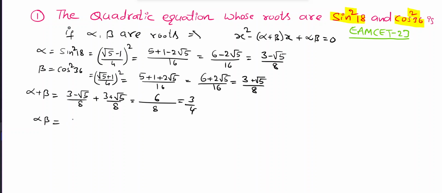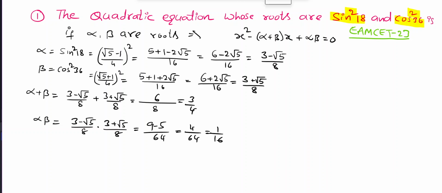Alpha beta is equal to (3 minus root 5) by 8 into (3 plus root 5) by 8. This is in the form of (a minus b) into (a plus b). This is (9 minus 5) by 8 into 8, 64. This is 4 by 64, that is equal to 1 by 16. This is the alpha beta value.